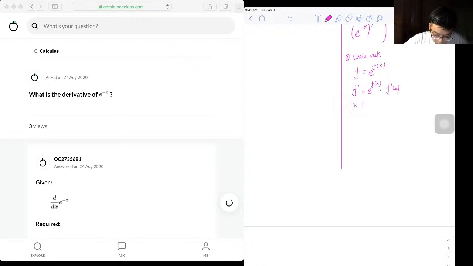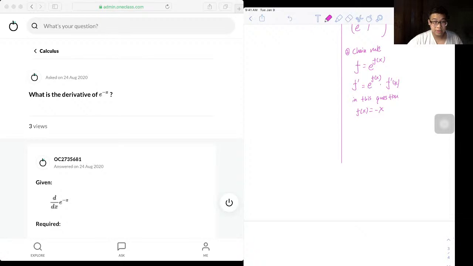So in this question, f(x) is equal to negative x. So if we want to take the derivative of it, in this case, it will be negative 1. Right.